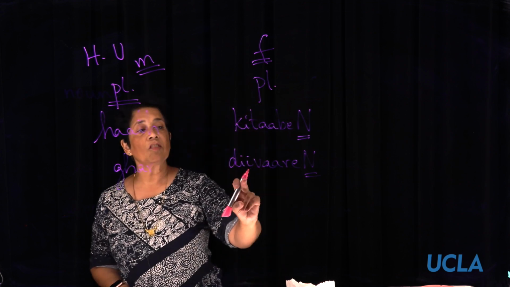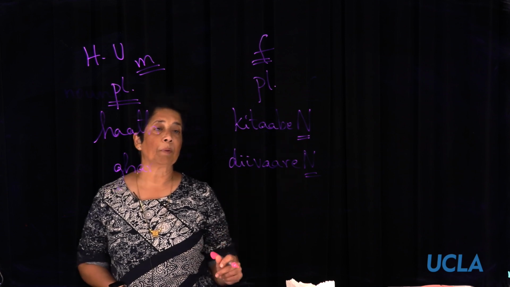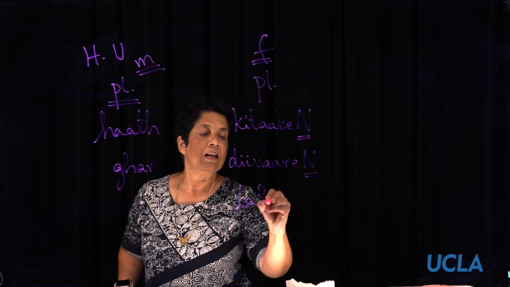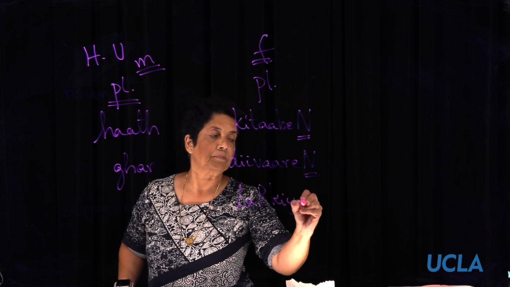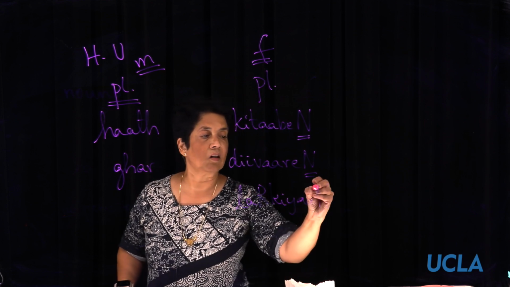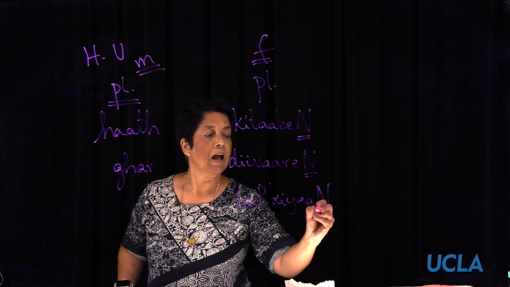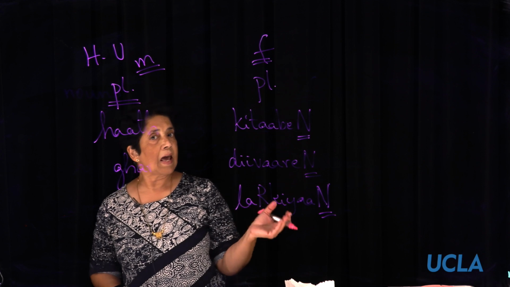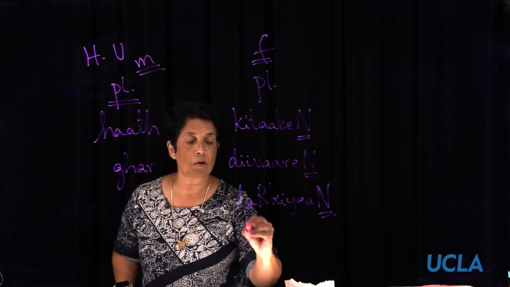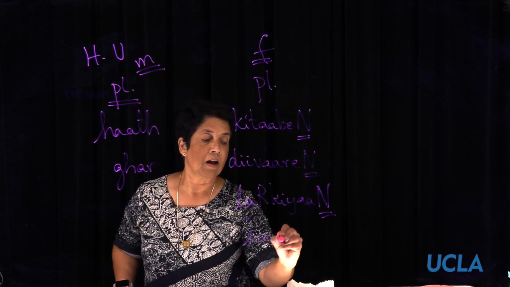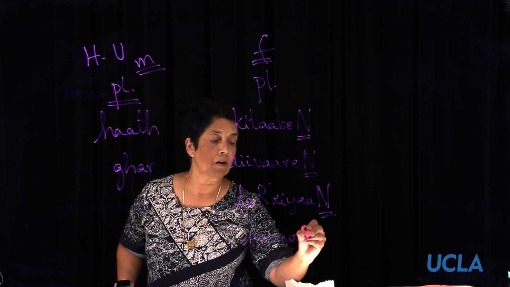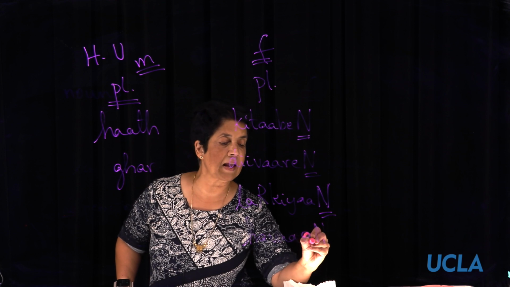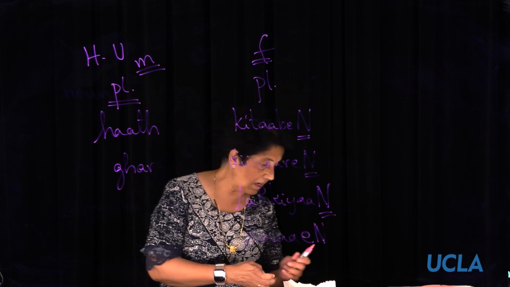Okay. I'm just going to add two other examples. For example, we have ladkiyan, which means girls. Okay. Again, we're getting the nasal at the end. And we can take our exception earlier and get the word for breezes or winds, like kitabein or hawaein.